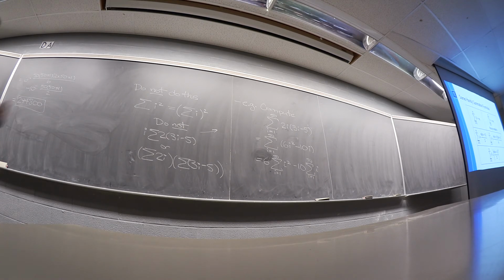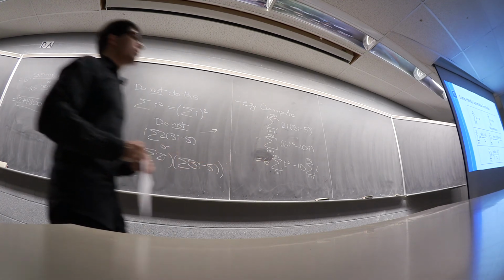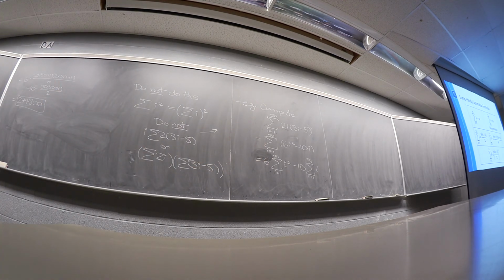So you use properties to get them to a form or a combination of forms that you have formulas for or you can understand. You apply the formulas and that's it. Easy peasy. By the way, if you calculate this guy or this guy and you don't get an integer, try again. Okay? Sums of integers had better be an integer.